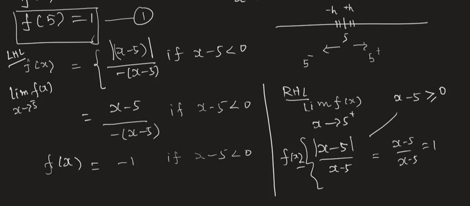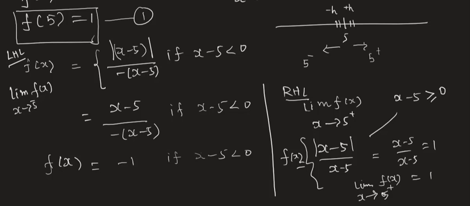So it becomes x minus 5 divided by x minus 5, which is equal to 1. So the limit of f of x as x approaches 5 plus, the RHL, is equal to 1.